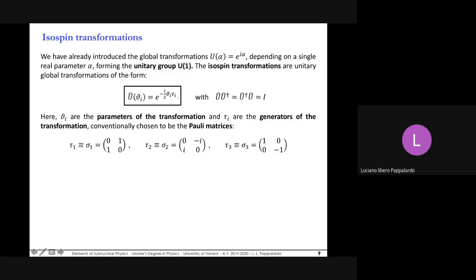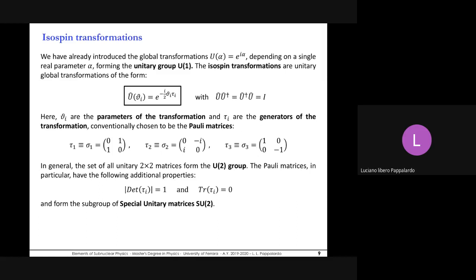So let's look into more detail here. The θ_i are called the parameters of the transformation, as we have seen for rotations, for instance, okay? And the τ_i are the generators of this transformation, which are conventionally chosen to be exactly the Pauli matrices. So the same you use for the spin, okay? So τ1, τ2, τ3.